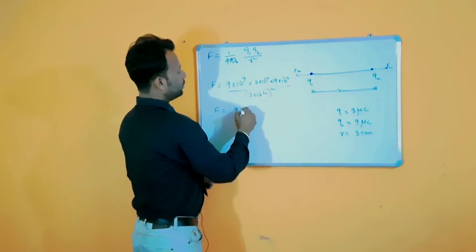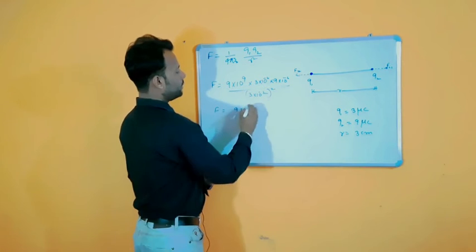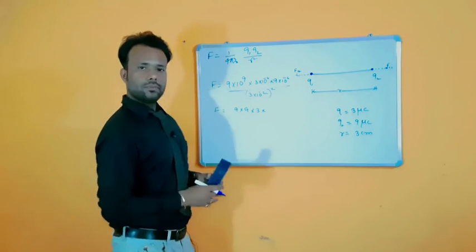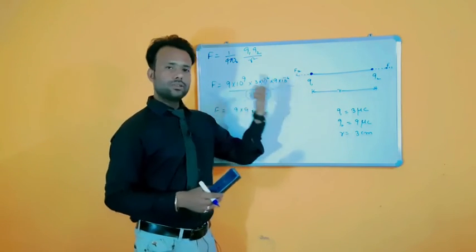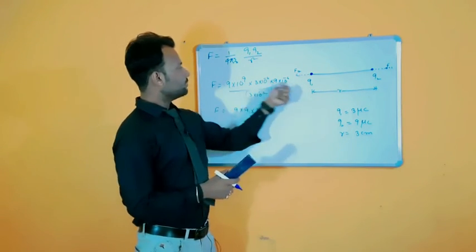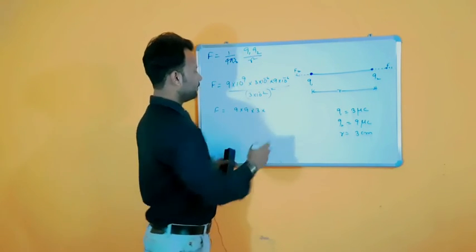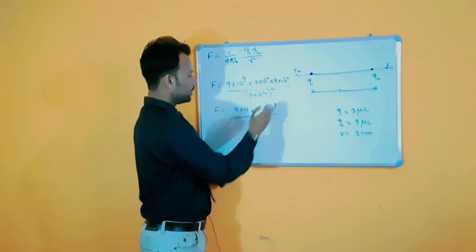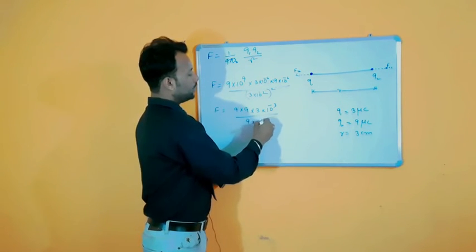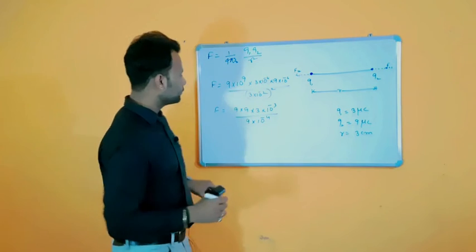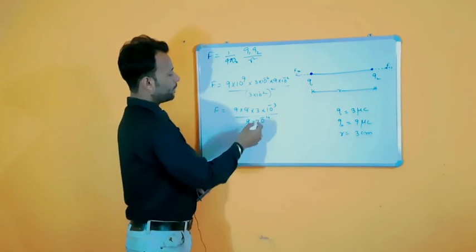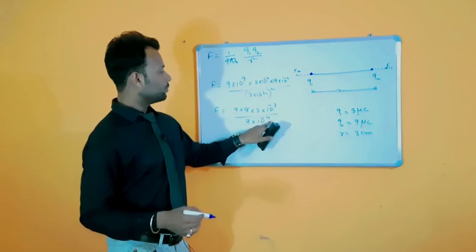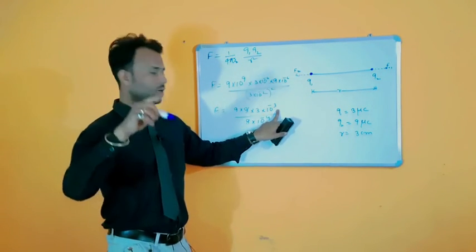9 into 3 into 10 to the power minus 6 minus 6, that is minus 12, plus 9 is 10 to the power minus 3, upon 3 to the 9, 3 to the 9, into 10 to the power minus 4. So we can cancel this, and this will go upwards and become 10 to the power plus 4. So plus 4 and minus 3 gives 10 to the power 1.